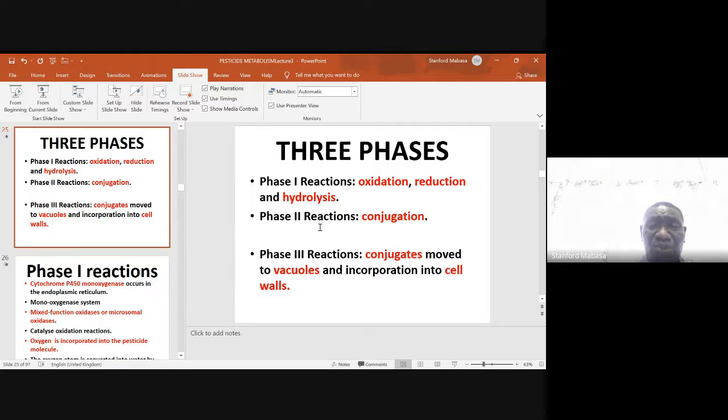Then in phase 2, we have conjugation. Phase 3, we can still have further conjugation, and the conjugates are now moved to the vacuoles if it is in a plant, or to the cell walls. But if it is in the insects, after phase 2 conjugation, then there is excretion of the metabolites.